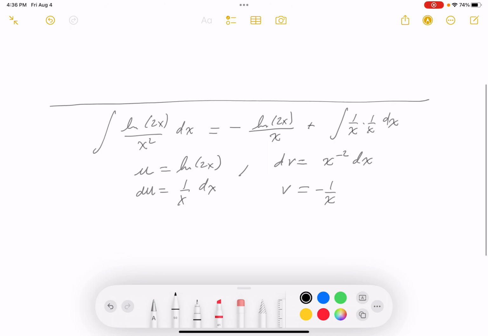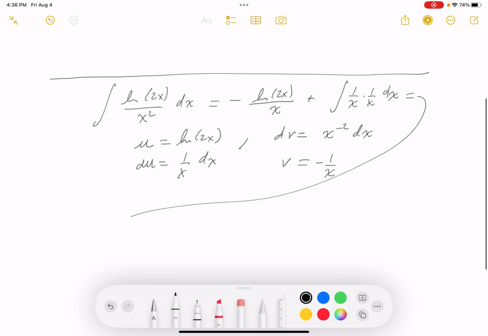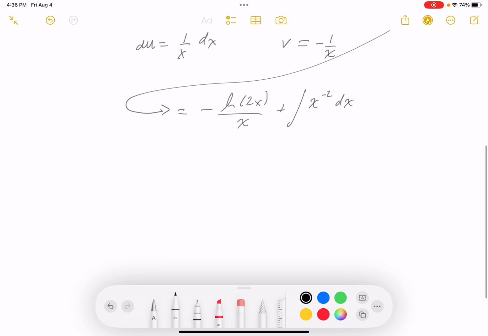Let's keep moving along. Minus the natural log of 2x over x plus, well, that's going to be an integration of x to the minus 2 dx. I think I can do that. And what do you get?